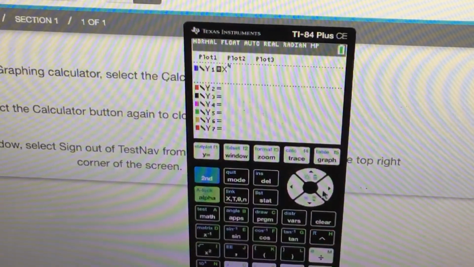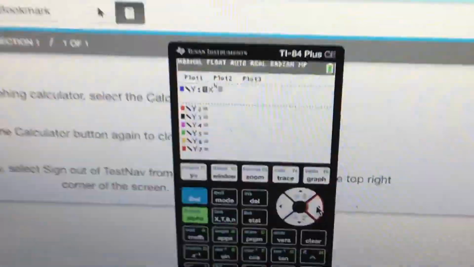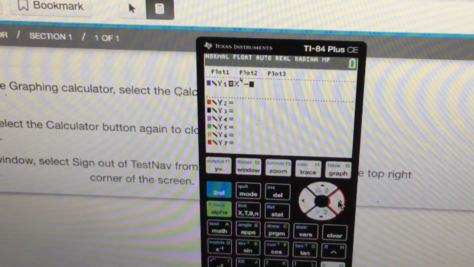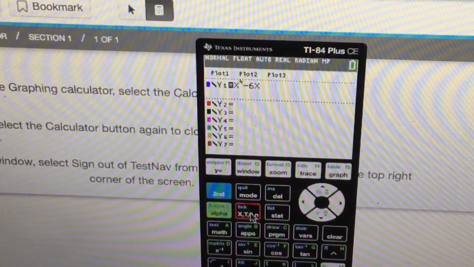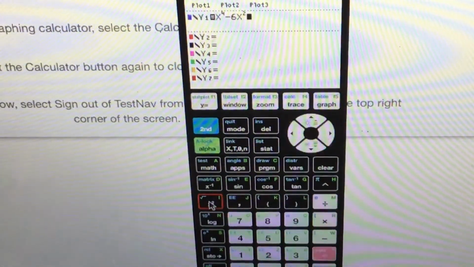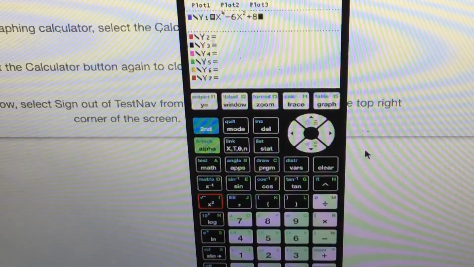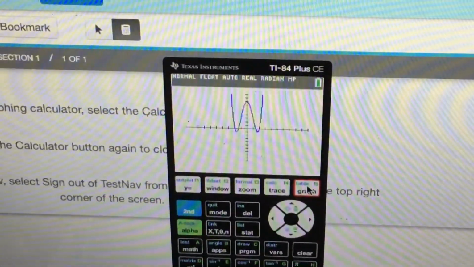And then I'm going to have to right arrow to get the cursor down. Okay, minus 6x squared. And in the back, plus 8. Okay, and then I'm going to hit graph, and let's see how many times it touches the x-axis.